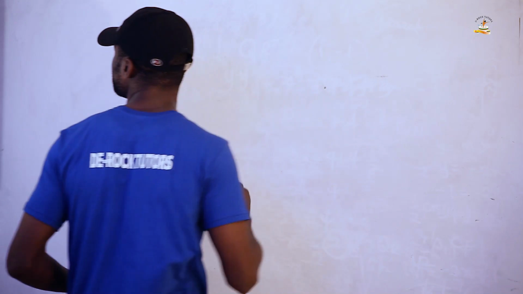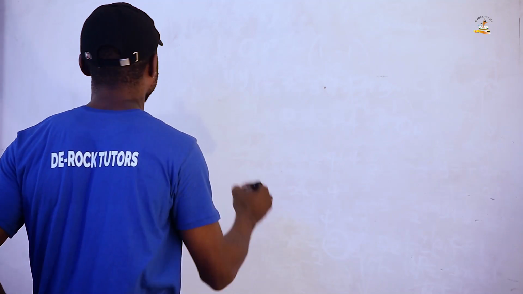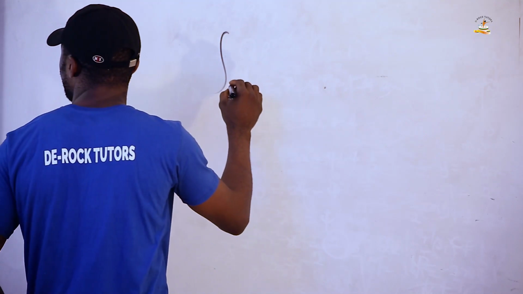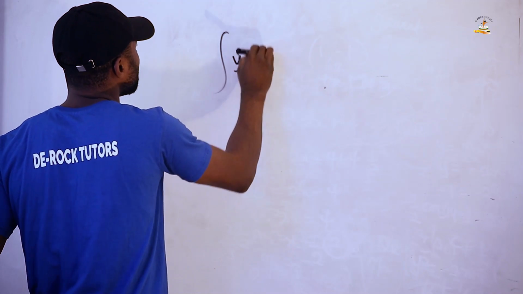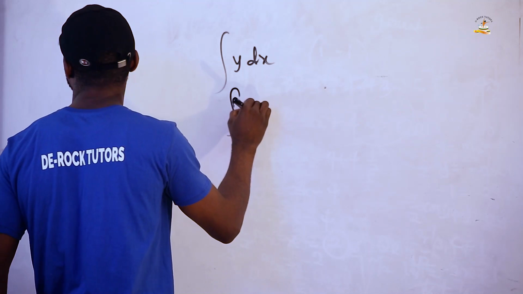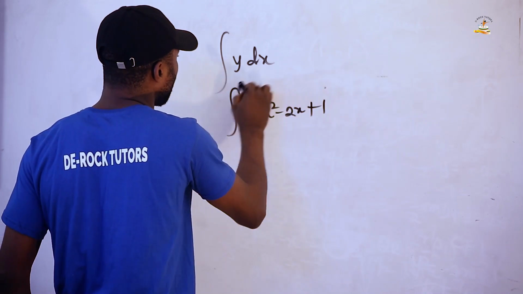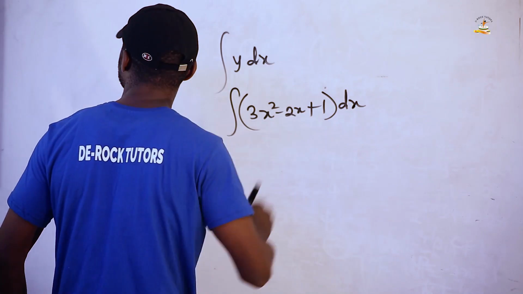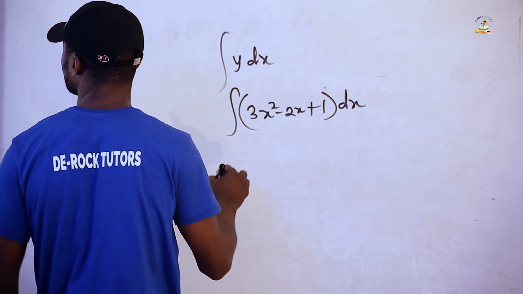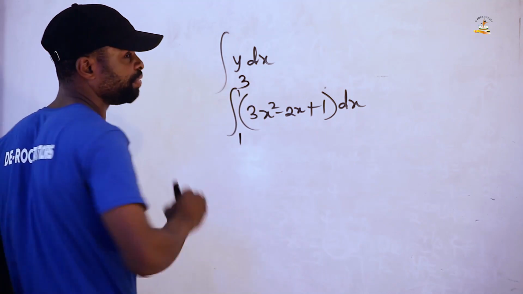From here, since you want to find this area, we integrate the function y with respect to x. Therefore, we substitute and have the integral of 3x squared minus 2x plus 1 dx, from which we now introduce the upper and the lower bounds to be 1 and 3.